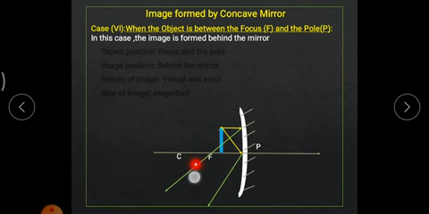As you can see, the reflected light rays are of a diverging nature, and both the reflected rays will never meet. Even at an infinite distance, both the rays will never meet. So I have to trace this path backward.